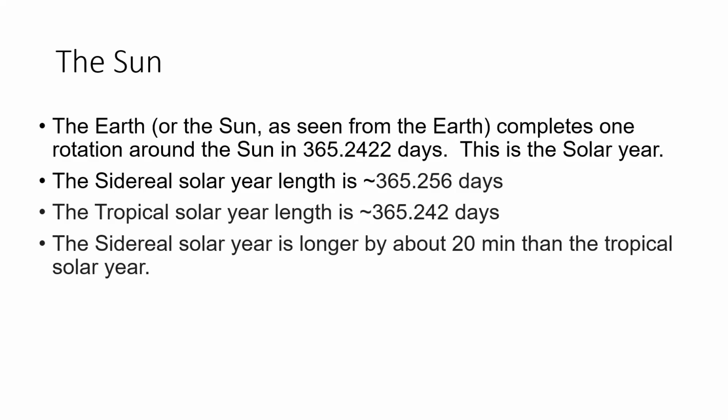We also discussed two additional motions. One is the precession of the Earth's axis that goes through a complete cycle in 26,000 years. And then the Earth's nod, or that inclination, that goes through its own cycle of 41,000 years. What we are going to discuss now, which is the sidereal solar year and the tropical solar year, has to do with the precession of the Earth's axis.